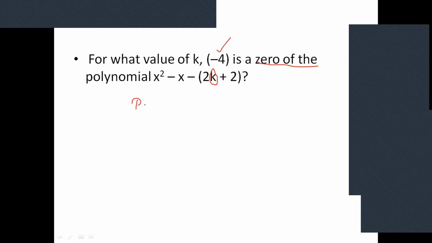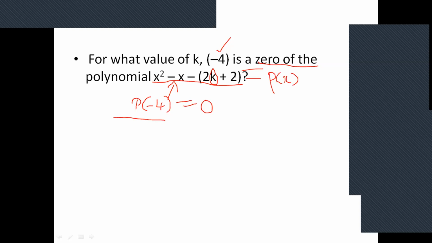That is 4 here. So we can say that p of 4 is equal to 0. This you have to remember, because it is a zero of the polynomial. So here we substitute x equal to 4 in p of x.